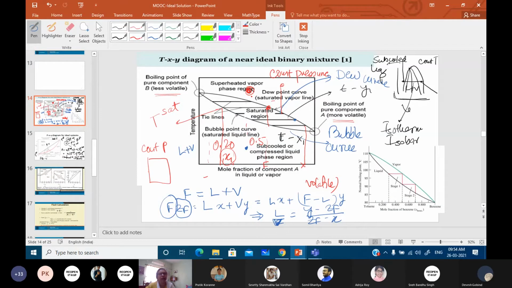Either we want to recover 90% benzene from it, or rather, sorry, I'll say it in a different way: we want a product which contains 90% benzene. This can be one specification. The other specification can also be that we want to recover 90% of the benzene from this particular mixture. The two problems are different minded.